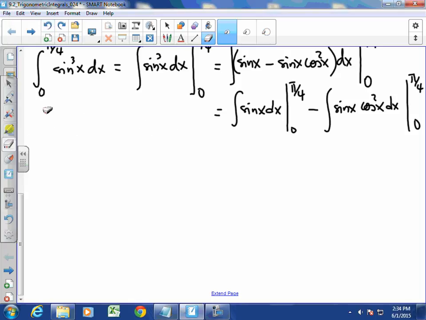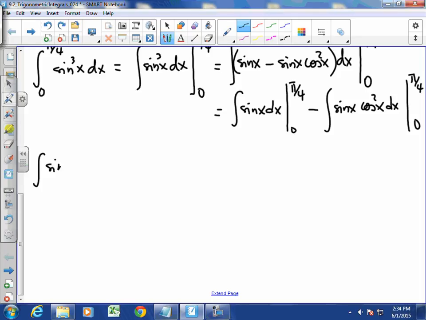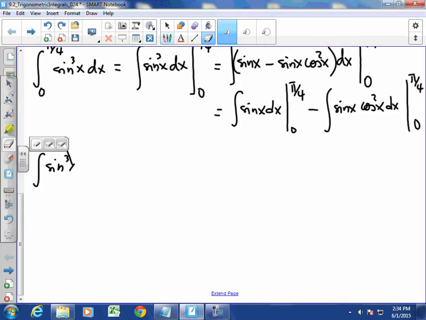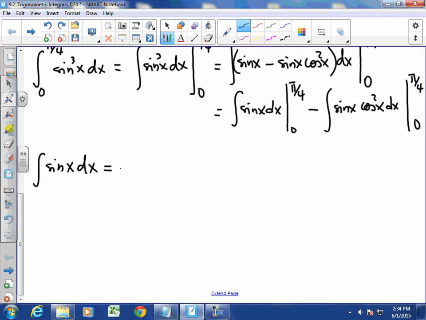Sorry, I made a small mistake here. The integral of sine x dx is negative cosine x.